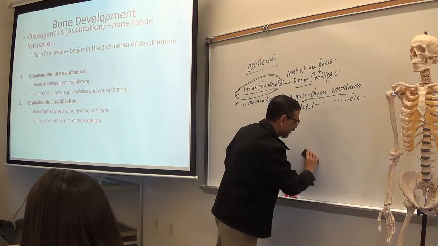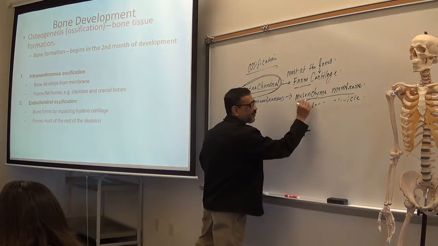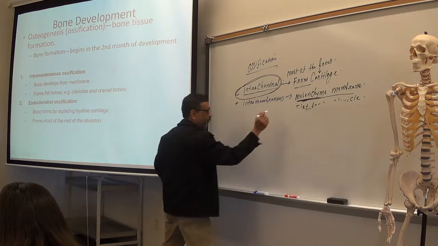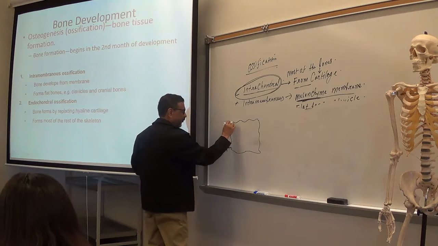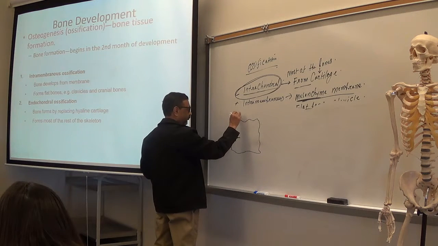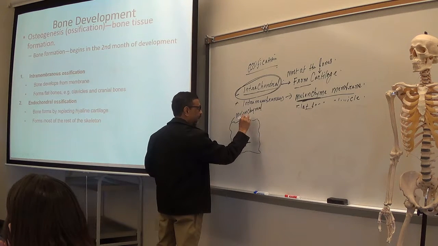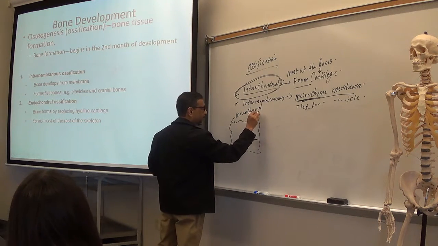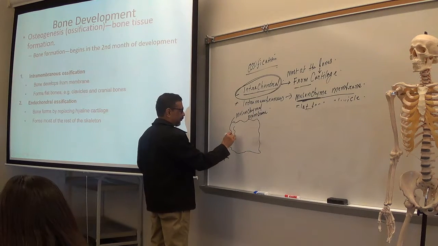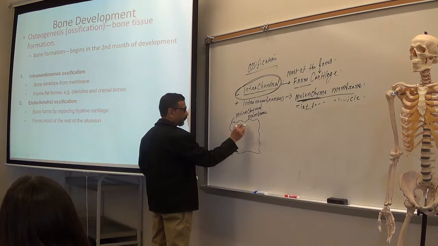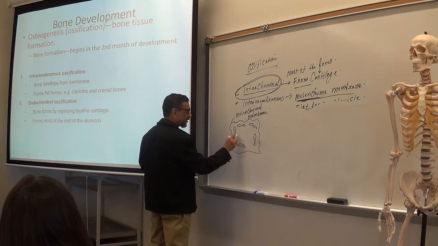Intramembranous ossification occurs from the mesenchymal membrane, embryonic membrane. This is mesenchyme. Membrane, and these are mesenchymal cells.